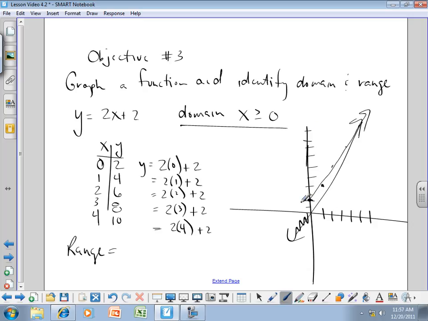And it looks to me like this line is never going to go below, if we can't use these x values, will the y values ever get lower than this 2 right here? Nope, I don't think so. And so I think what you're talking about is all numbers that are greater than or equal to 2. That's the range that's going to go along with this domain. Kind of interesting there.